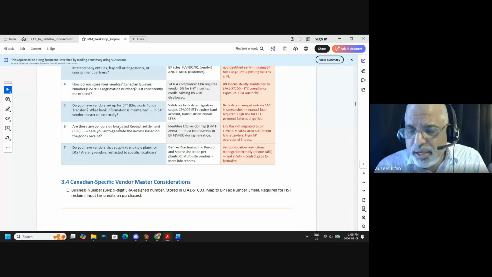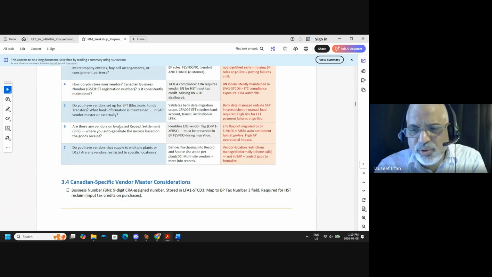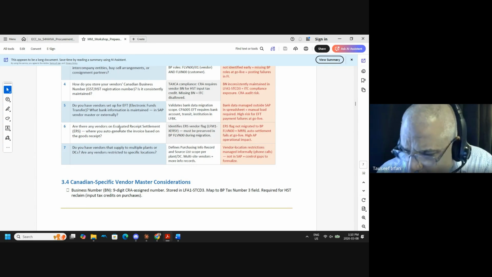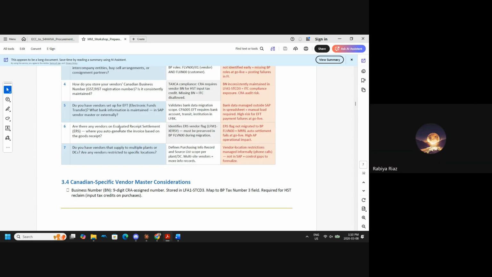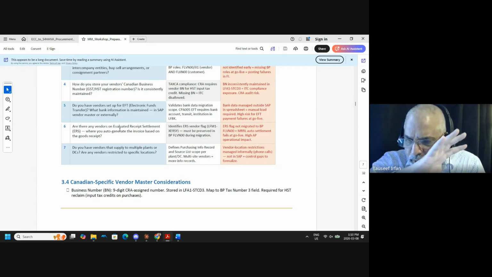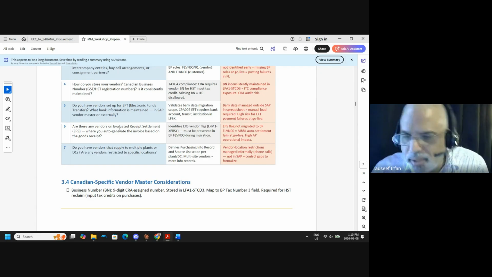But if the supplier is not credible or trustable, with so many problems in terms of the PO price and the quantity, what he told he is going to give versus what he has given to you, then you want somebody to manually control that whole process. But if you have some regular suppliers, and you say that for these particular suppliers, I want SAP S/4HANA to automate the invoice settlement process, then you use ERS.